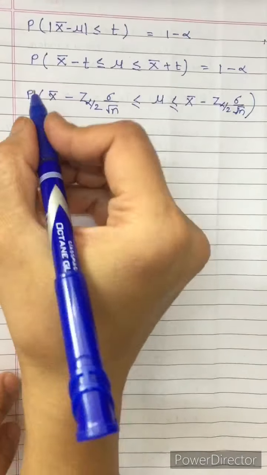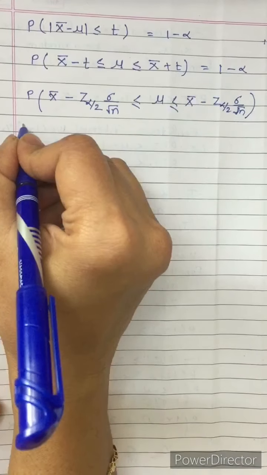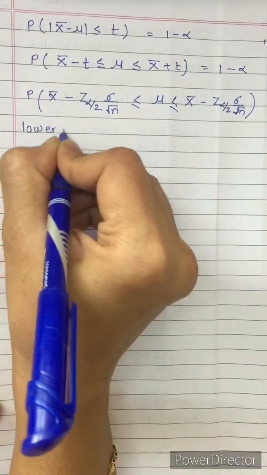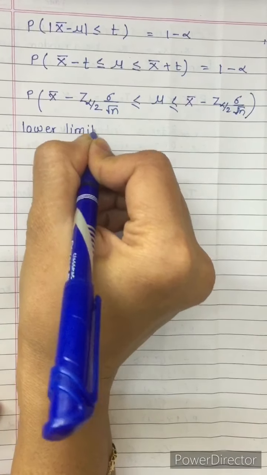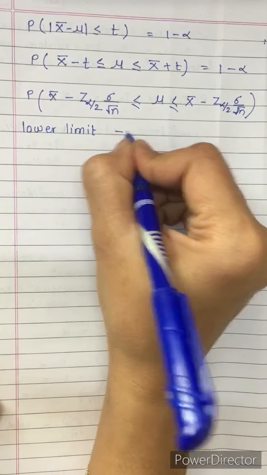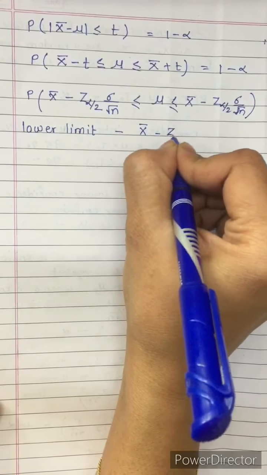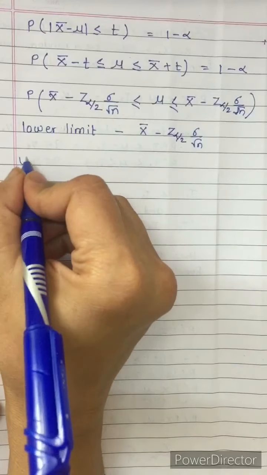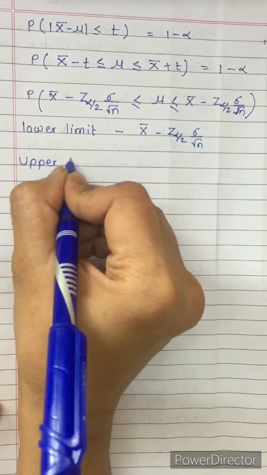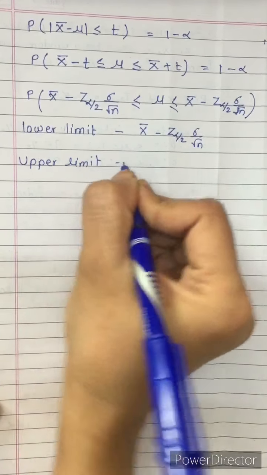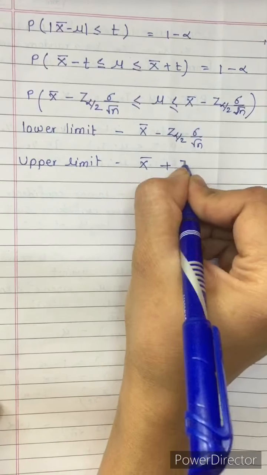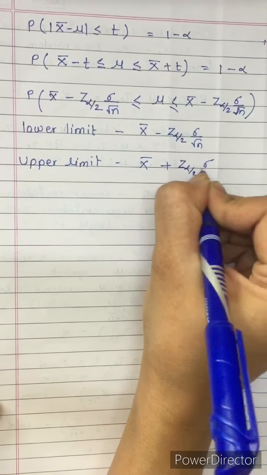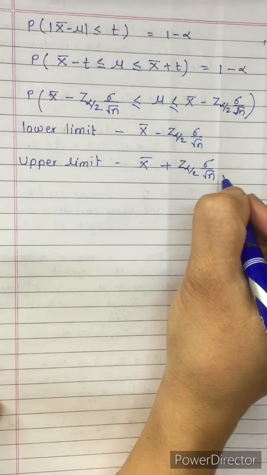So its lower limit is x bar minus z alpha by 2 into sigma by root n. Upper limit is x bar plus z alpha by 2 sigma by root n.